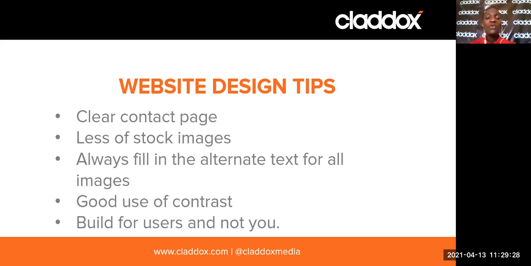Now, always fill in the alternate text. When you upload an image onto your WordPress, you will have the option to fill in the alternate text. The alternate text can be used basically for two things. It helps search engine crawlers. We have what we call search engine crawlers, or search engine bots.